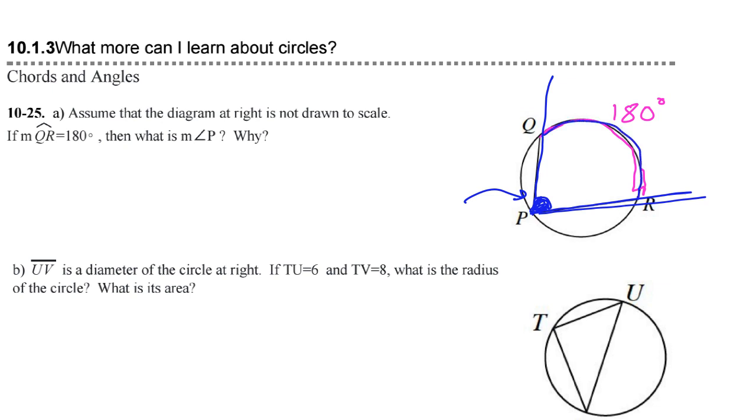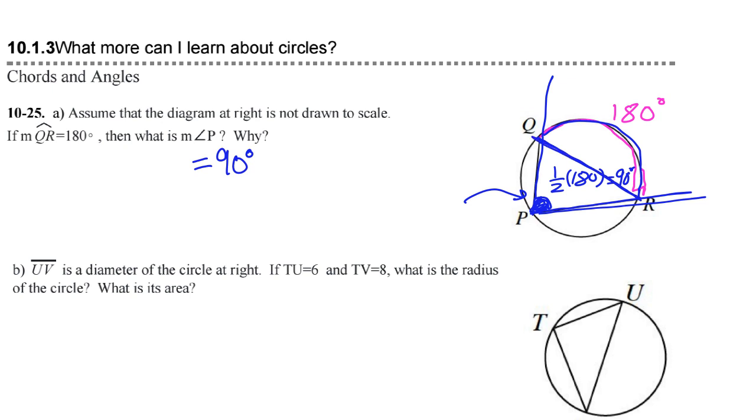An inscribed angle is equal to half of its intercepted arc. So if this arc is 180, then this angle should be half of 180, which is equal to 90. So the measure of angle P is 90 degrees.